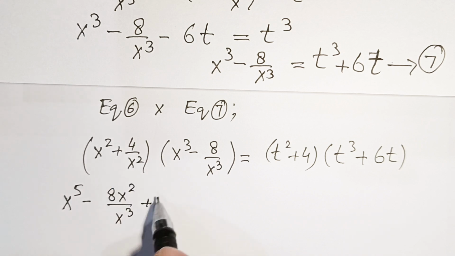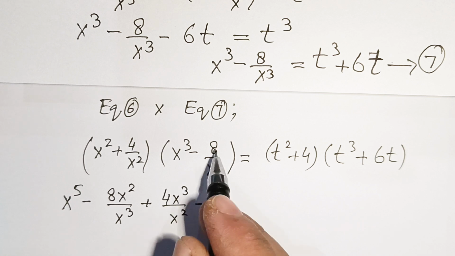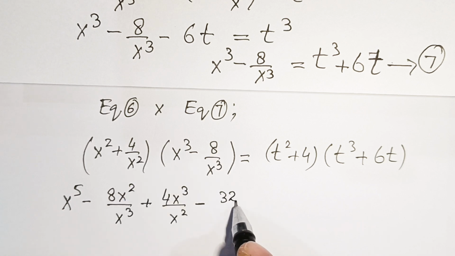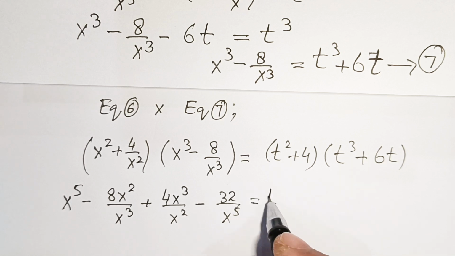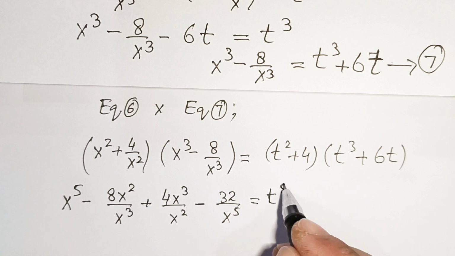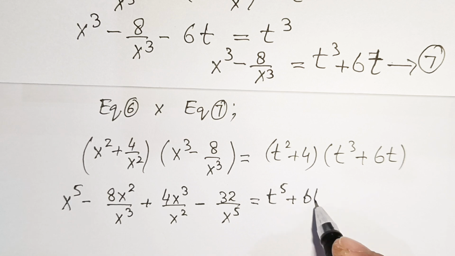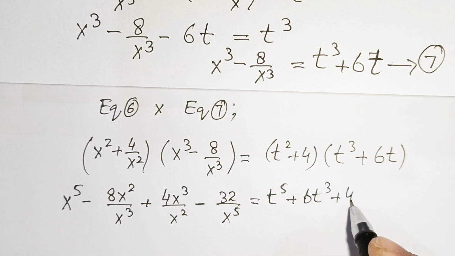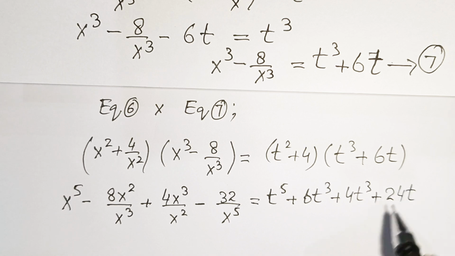Similarly here we have plus 4x cubed over x squared, and plus times minus is minus, 8 times 4 is 32 over x to the power 5, which is equal to t squared multiplied by t cubed, which is t to the power 5, and plus t squared times 6t, we get 6t cubed, then 4t cubed, then 24t.